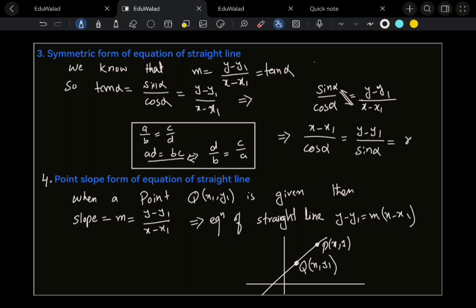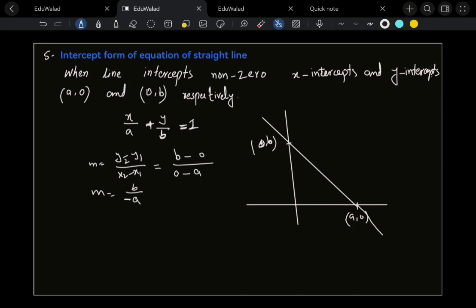So slope m equals y minus y1 over x minus x1. So y minus y1 equals m into x minus x1. This is the point slope form of equation of straight line.